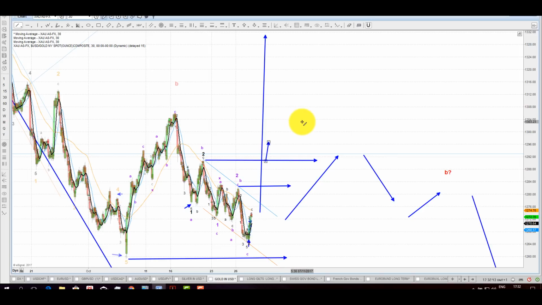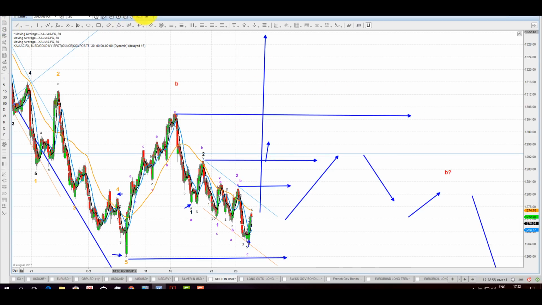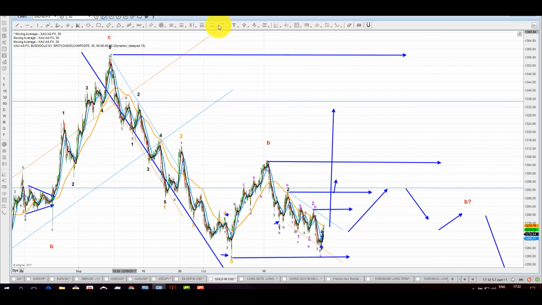Perhaps, of course, I missed something, and this will call for a reassessment of the wave count, but a strong rally above this level could tilt the odds into something that would see gold heading towards perhaps 1336, 1332, as it extends the B in a way that sends gold higher rather than sideways. So that's the situation in gold.